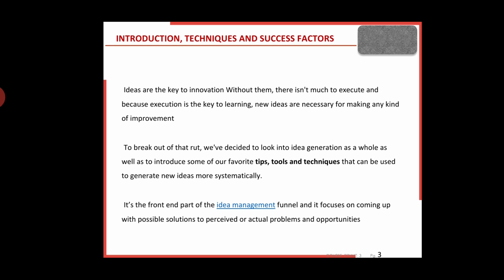What I meant to say is, idea management is the front end part of the idea management funnel, and it mainly focuses on coming up with possible solutions that we want to pursue, getting at our actual problems and opportunities.